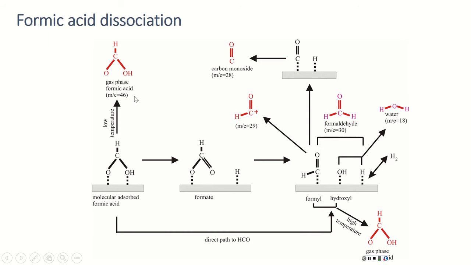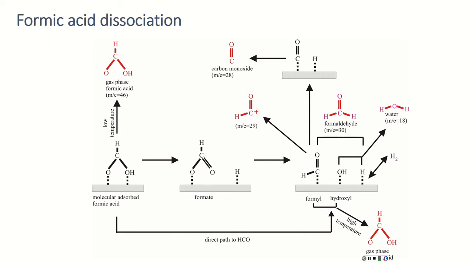As we saw from the TDS data, these molecular fragments can associatively desorb to form the formic acid parent mass. These adsorbed formic acid fragments can also dissociate in different ways, but unfortunately it's difficult to distinguish those dissociated fragments with our experimental techniques. But in previous studies, these fragmentation patterns were observed for formic acid adsorbed on different reactive metal surfaces.